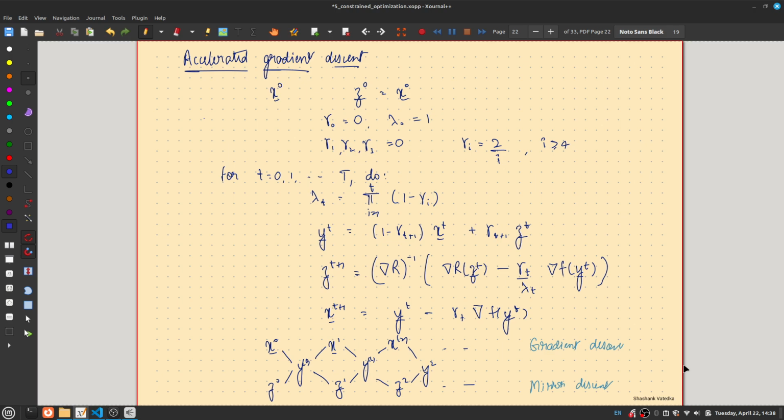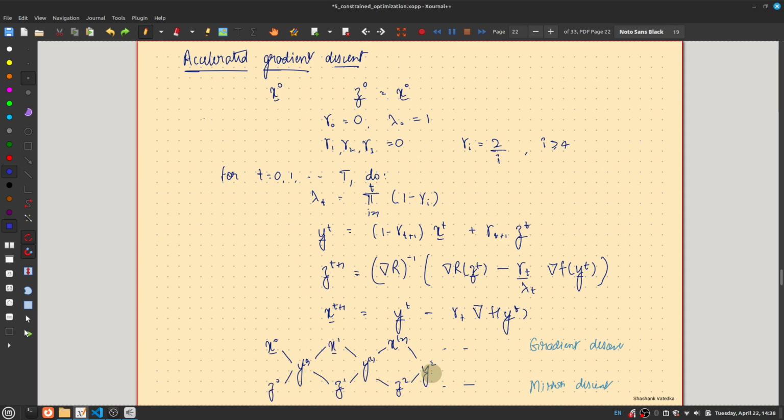And one interpretation of accelerated gradient descent was that you have two sets of iterations running in parallel. One, a set of gradient descent, so the xt essentially follows a gradient descent algorithm.